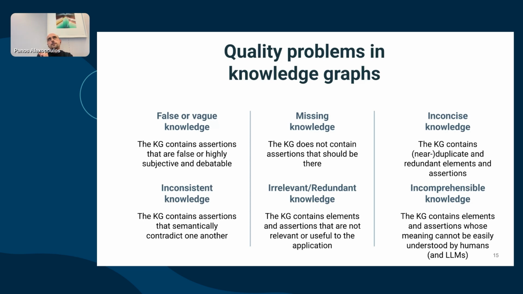Finally, a sixth problem is when we have knowledge that I call incomprehensible. Incomprehensible means that the knowledge graph contains elements and assertions whose meaning cannot be easily understood by humans. And by elements, I mean relation names, the names of our labels, the names of the properties, which can be ambiguous, highly vague, highly obscure as to what they mean. And if we think of an LLM as being, let's say, I don't like to anthropomorphize things, but the idea is that LLMs work by natural language.